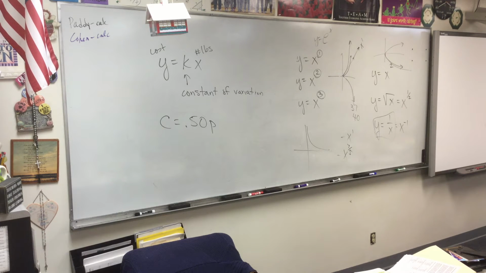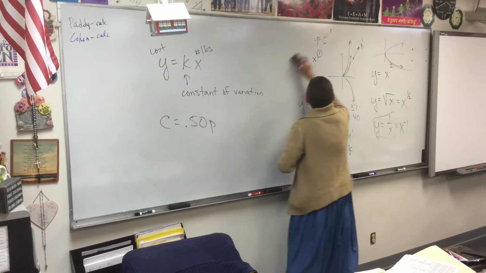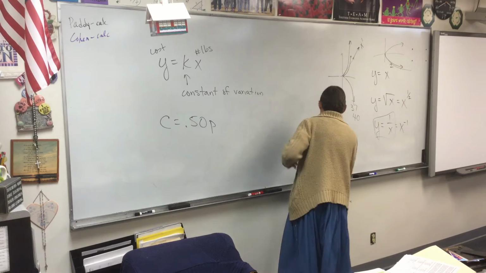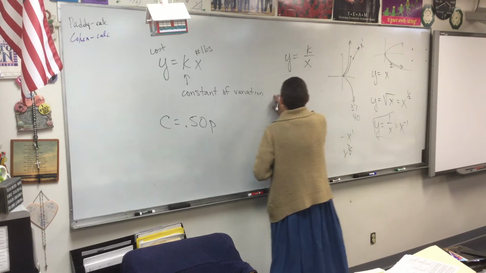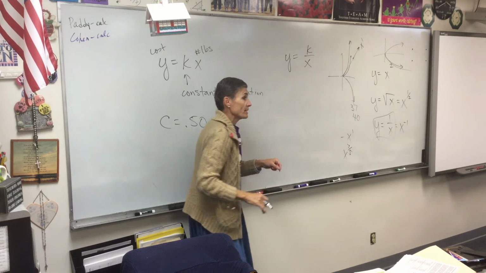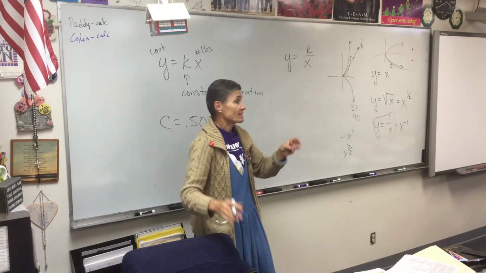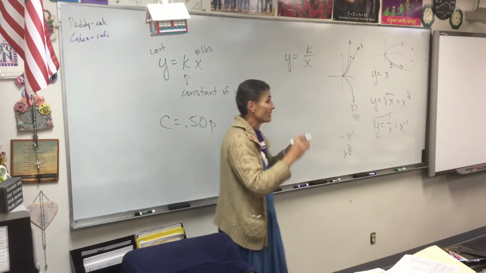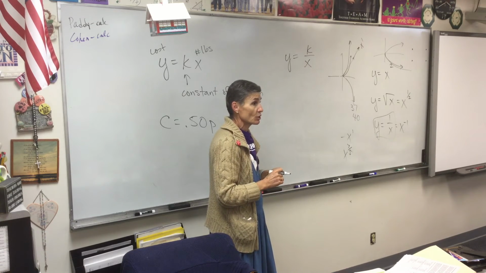That is not direct variation, because remember, in direct variation, they both go up or they both come down. That's an example of inverse variation. And the formula for inverse variation is y equals k over x. Inverse variation is where you've got your two quantities, but instead of moving in the same direction, they are moving opposite each other. So one's going up and the other one's going down.